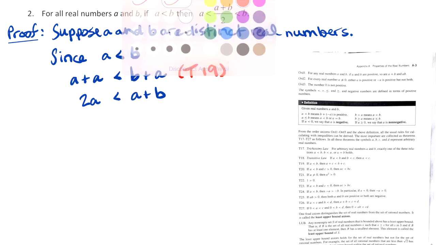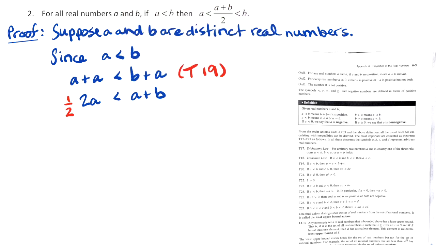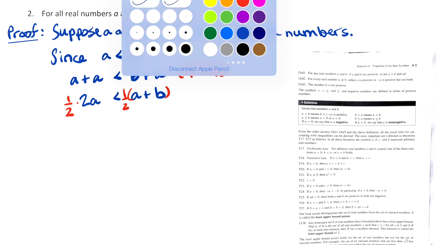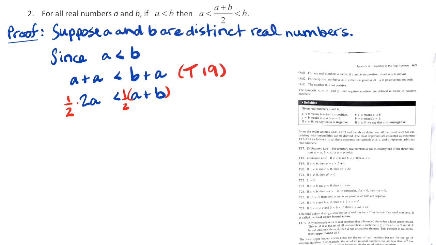Well, let's say that I multiplied both of these by 1/2. And 1/2, do you agree, is greater than 0? So no worries about the inequality, right? So this actually will fall under that theorem 20, right?